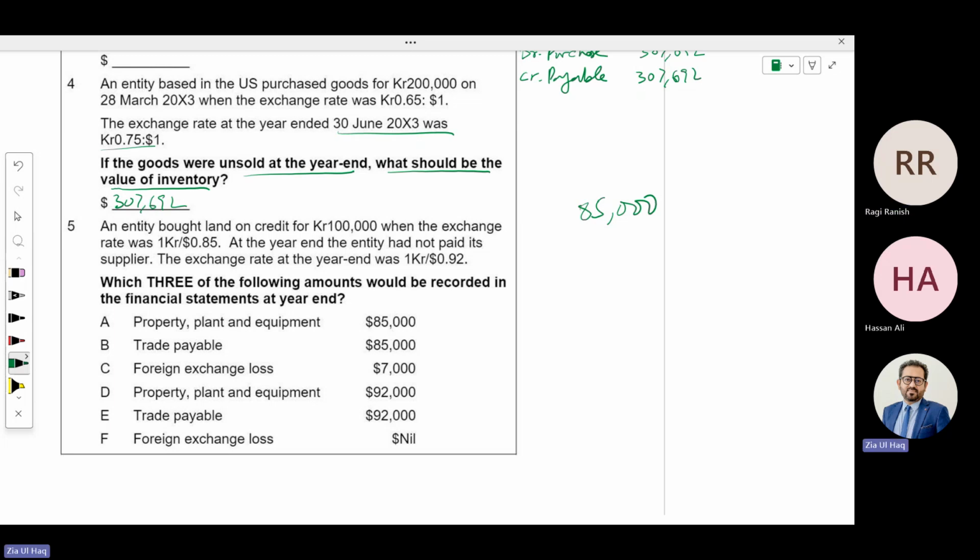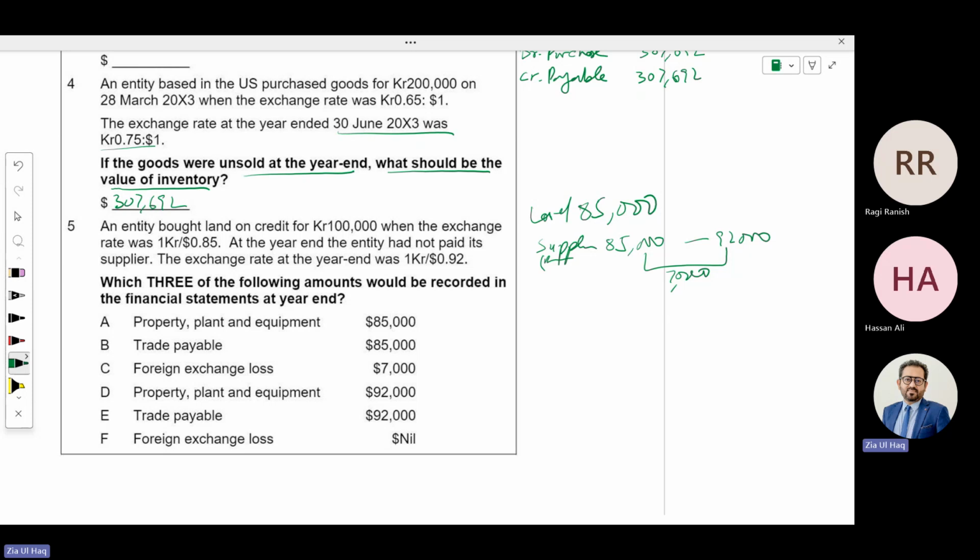This means at year end, the land value will remain the same, but the supplier, 85,000 before, now it will become 92,000. So there is an increase in payable. Supplier means payable, that is 7,000. Increase in payable, credit with 7,000, loss debit.